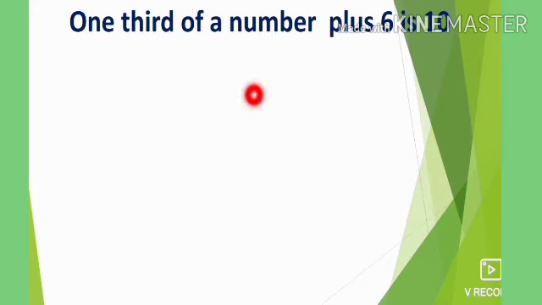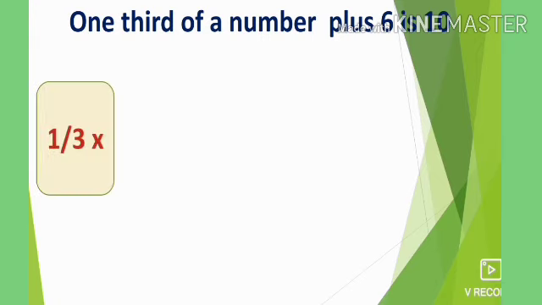1/3 of a number plus 6 is 10, which is the given verbal statement. 1/3 means 1 by 3. 1/3 of a number means 1 by 3 x. The word "of" represents the multiplication sign between 1 by 3 and the number, the variable x.